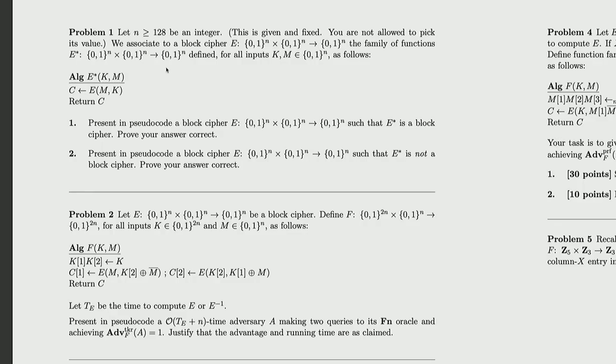Okay. Now, what the problem does is it gives you a way to take a family of functions E and build another one called E star. This is a transform. Given E, here's how E star is defined in terms of E. And what it does is it swaps the order of inputs.